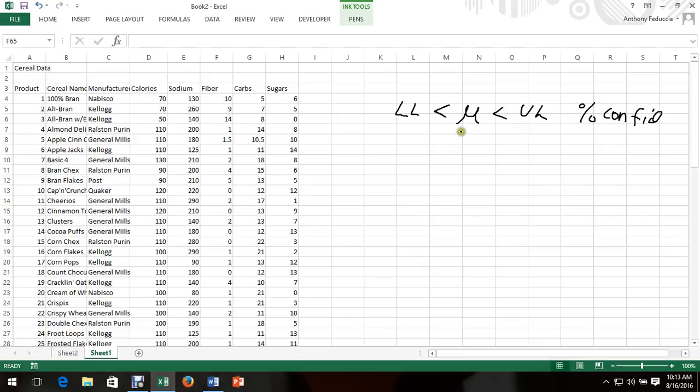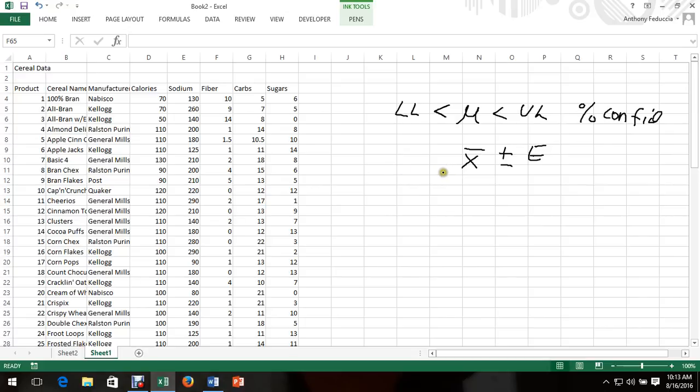So the way we're going to do that is we're going to look at the sample mean that data analysis gave us, and then we're going to add and subtract to it the error term called E. And you must have an error term because remember, this is only a sample of 67. There are many more brands and types of cereal than this.